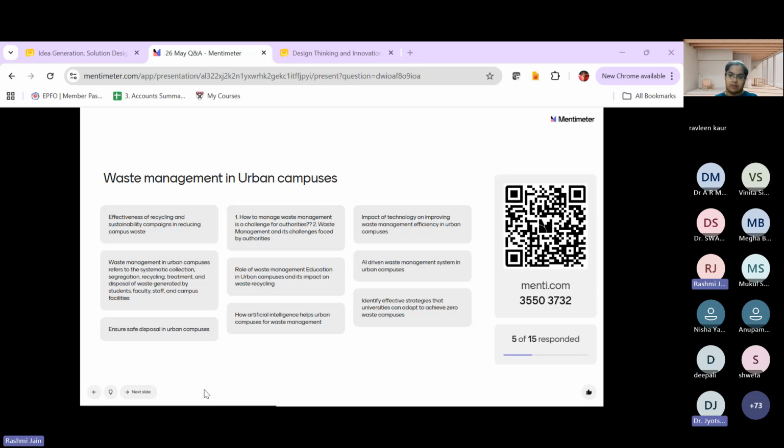Komal, can you please disable their mic? Komal, please disable Dr. Jyotsna's mic, please. Komal, can I request you to please mute Dr. Jyotsna?